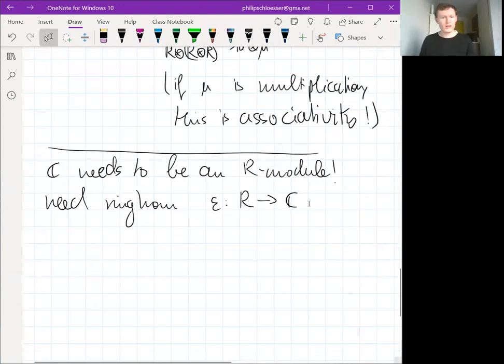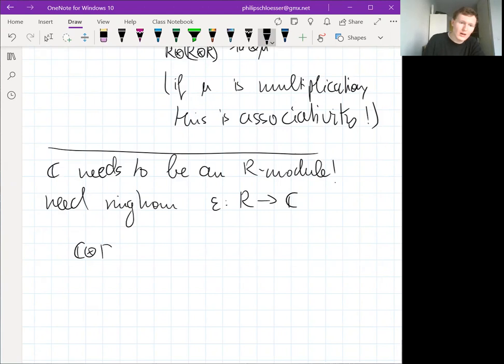And again, you can, sorry, not yet. And what does that exactly satisfy? Well, we want C tensor R to be isomorphic to R as R modules.